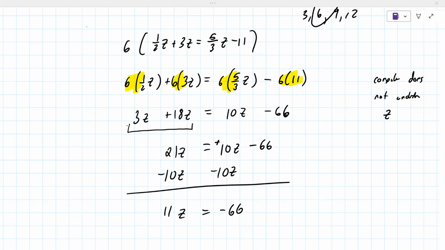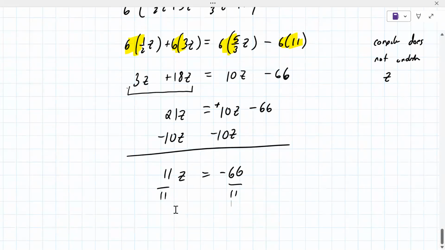Division. It's positive, so it stays positive. What does z equal? That would be 6. Try again. 66 divided by 11. That is definitely negative. Negative 6. There we go.